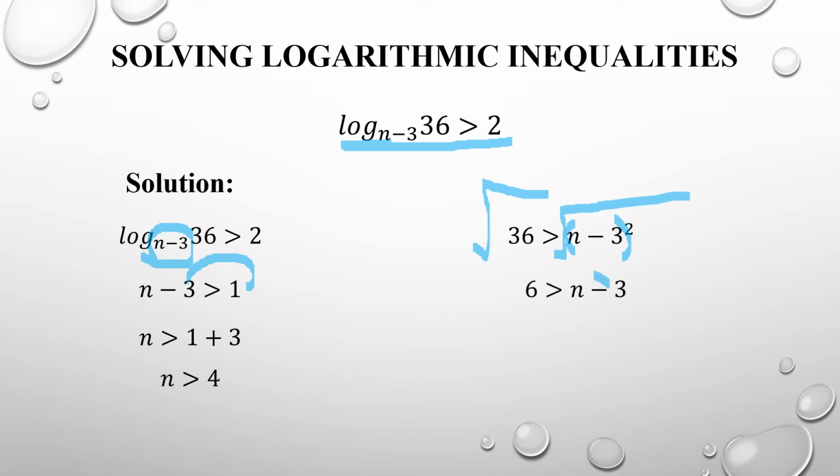Combine lang natin ang magkakaparehang term. Ilipat si 3 sa kabila. Then we have 3 plus 6 is greater than n, or 9 is greater than n. Therefore, meron na tayong condition which is n is greater than 4 but less than 9, or open close parenthesis 4, 9.